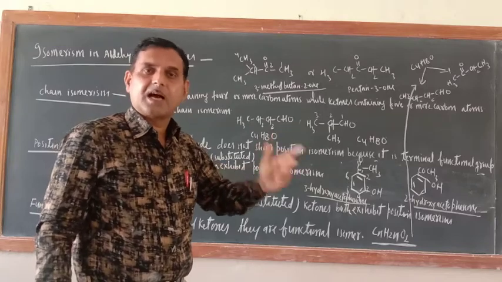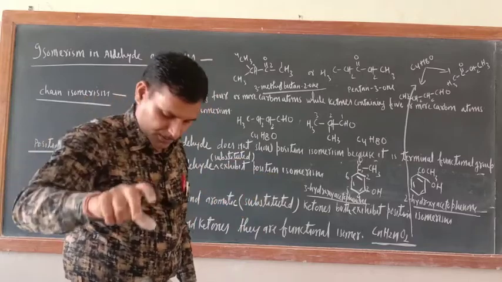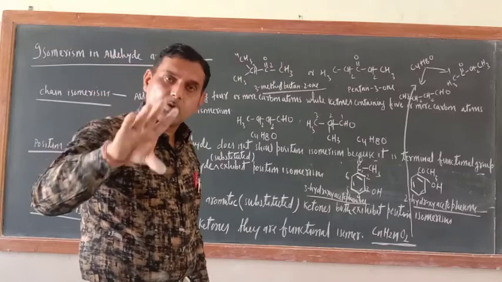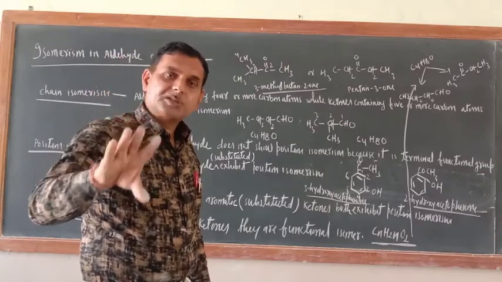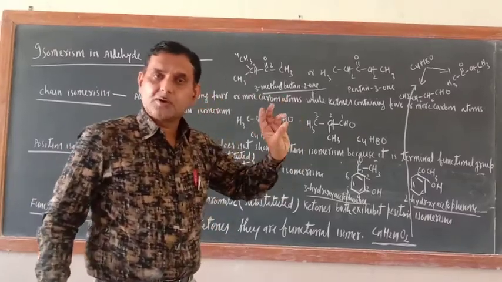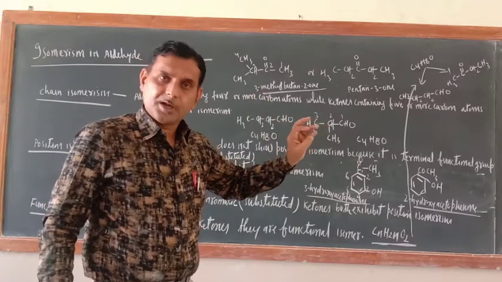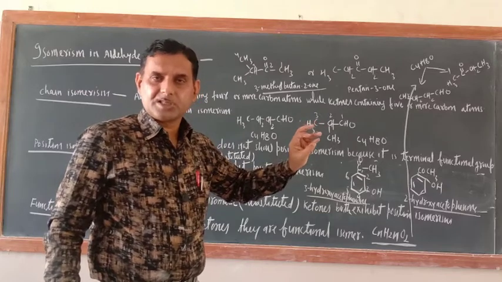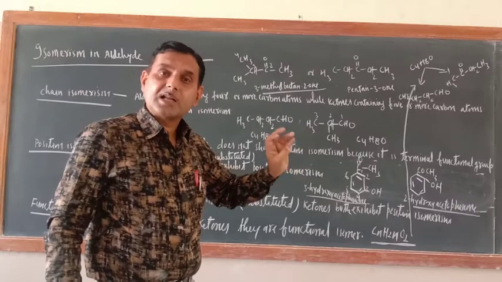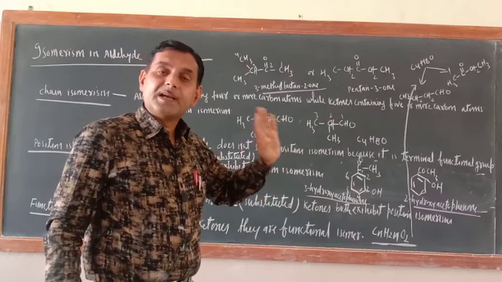So this isomerism is shown by those organic compounds where the functional group lies in between the chain. The ether group is found in between the chain, the ketonic group is found in between the chain, and 1 degree, 2 degree, 3 degree amines are also found in between the chain. So these 3 compounds exhibit metamerism.